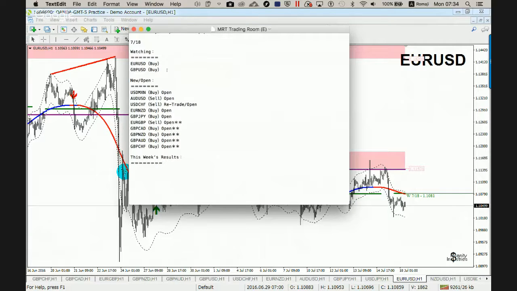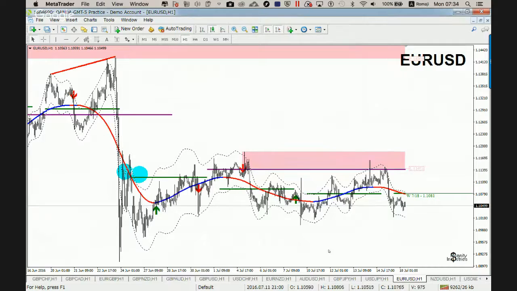Next, let's go to the pound dollar. There it is.